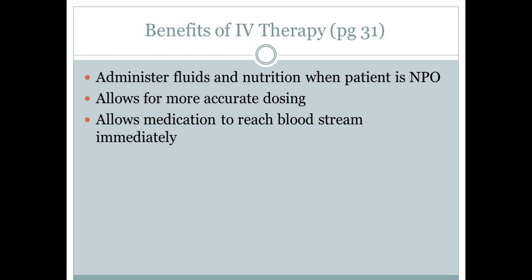The time for a PO pill might be 30 to 45 minutes, whereas an IV medication, depending on the medication, is going to be in anywhere from 10 seconds to a minute or so. So they're going to have that immediate reaction to it in their body.